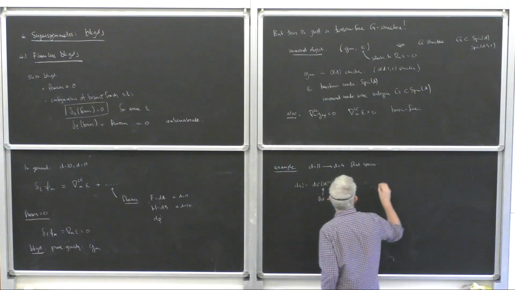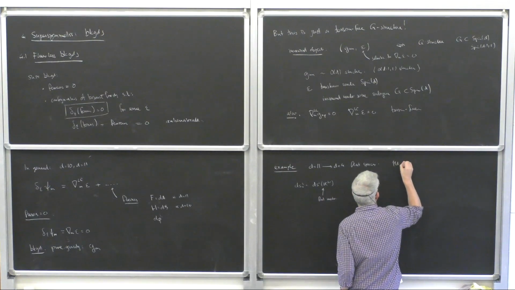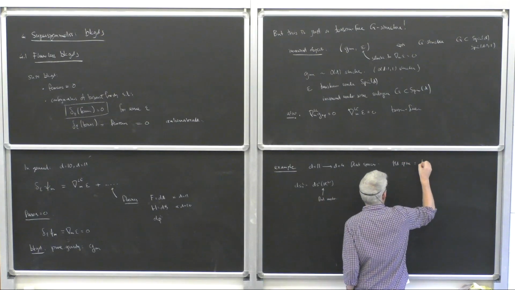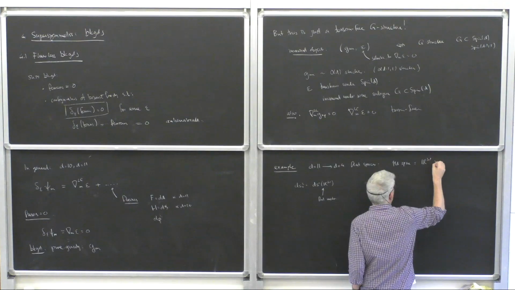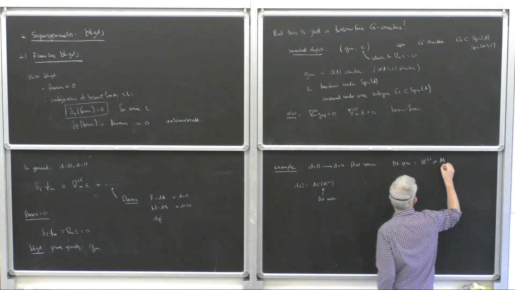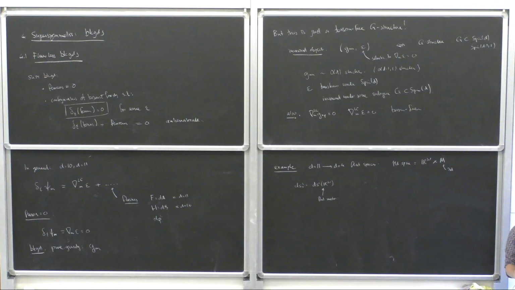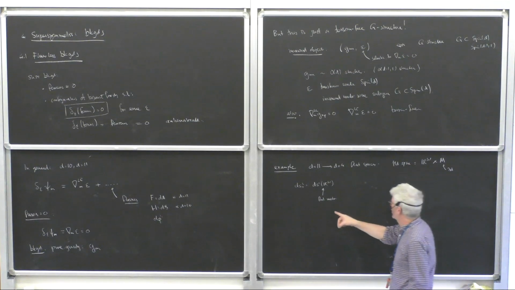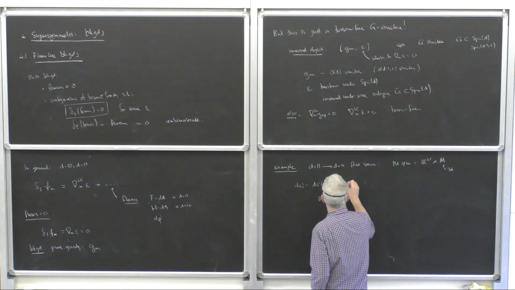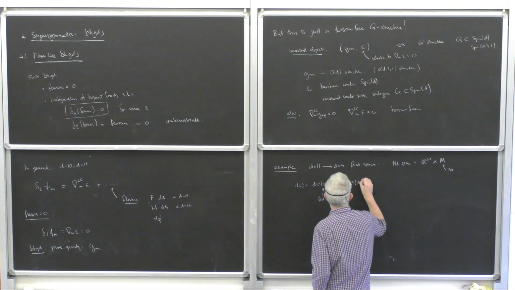And I want to choose my 11D space to be a product of flat space with some internal space, and this is going to be 7-dimensional. Right? And my metric's going to be a flat metric there, and then some metric on the 7-dimensional space.